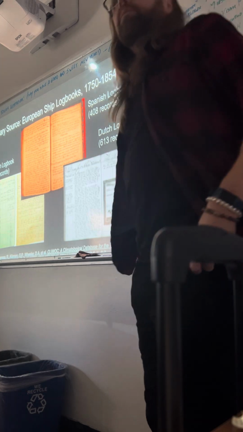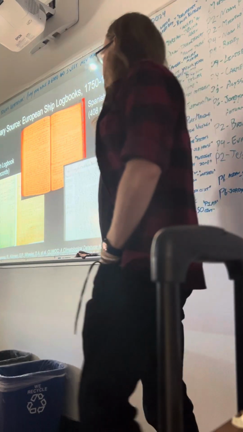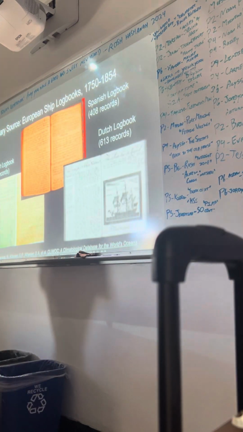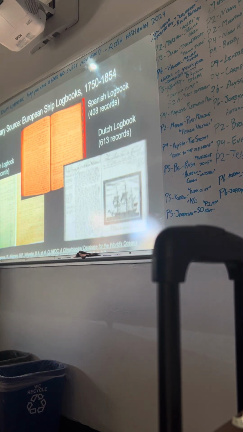So I talked earlier about primary sources and secondary sources. So this is an example of a primary source. This is an English logbook by a ship captain who every day at noon, when the sun was at the middle point of the sky, he would measure where they were at, where they thought they were at on the map. He would write that detail down. He would measure how fast they were traveling, write that in another column.